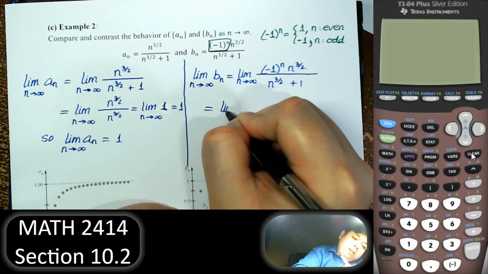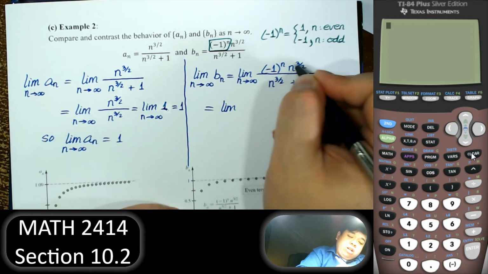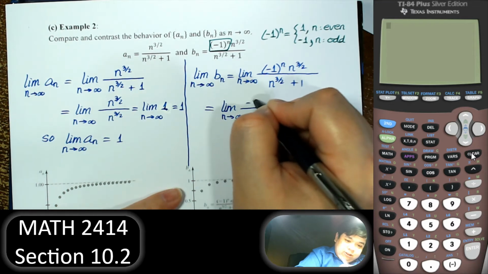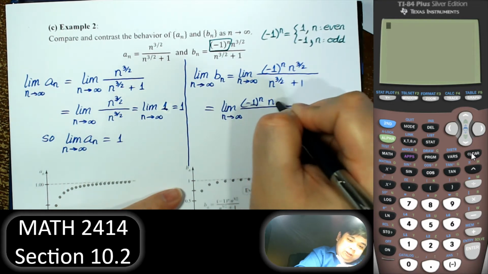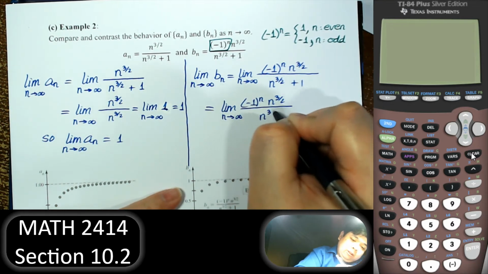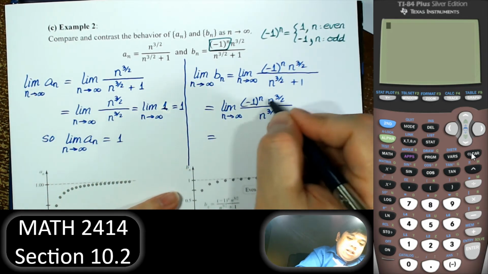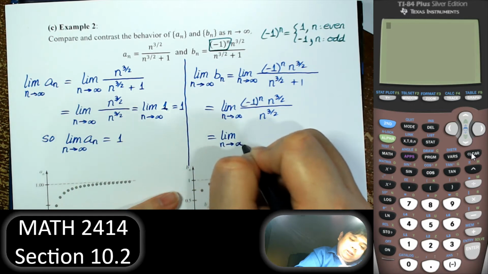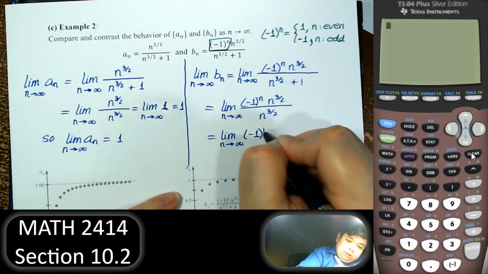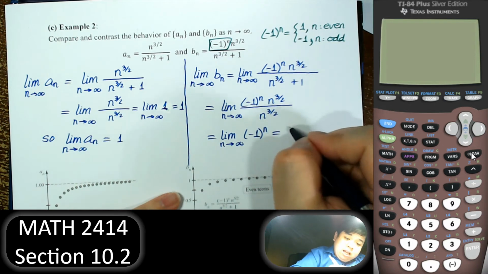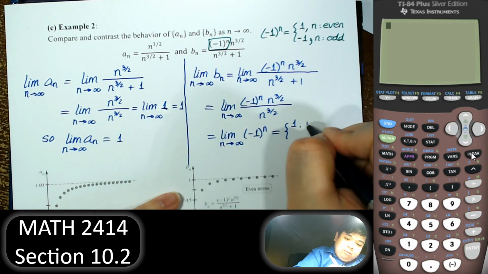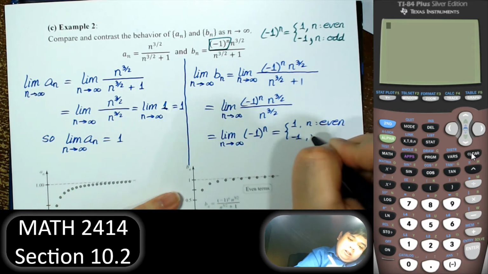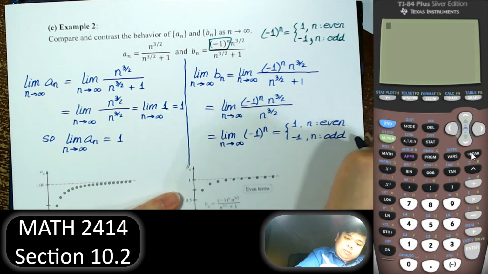So it doesn't have any power, so we still take the highest power on the top and the highest power at the bottom. And that cancels out, and we have the limit, which is the same thing as that, equal to 1 if n is even, and negative 1 if n is odd.